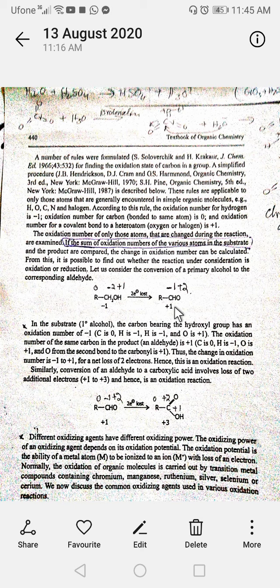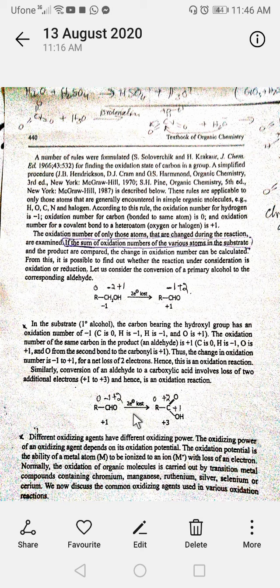Similarly, this is an aldehyde. The aldehyde is oxidized into the carboxylic acid. An increase in oxidation number is called oxidation. And the second thing which we are seeing here is the oxidation state. Here C double bond O is present, +2, and one H is present, -1. So the net will be +1 oxidation state of this carbon.